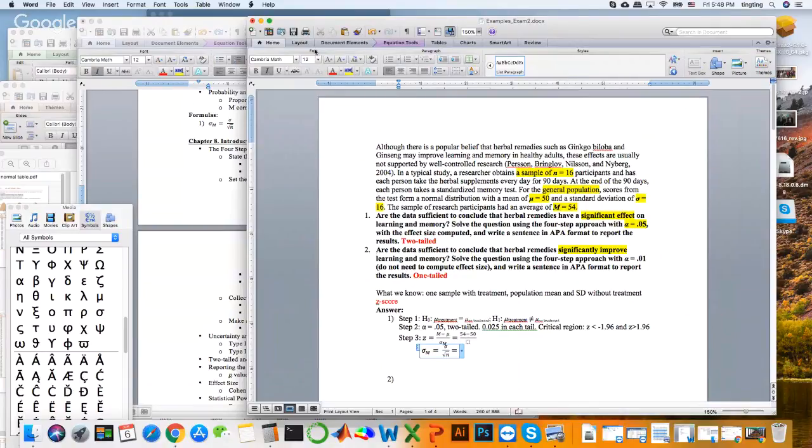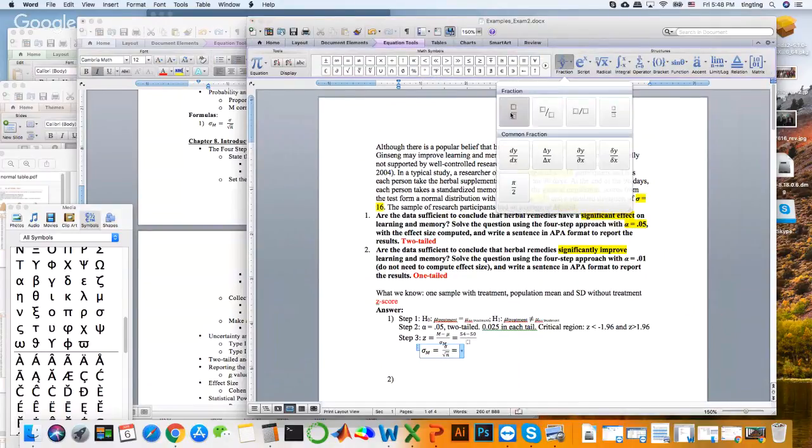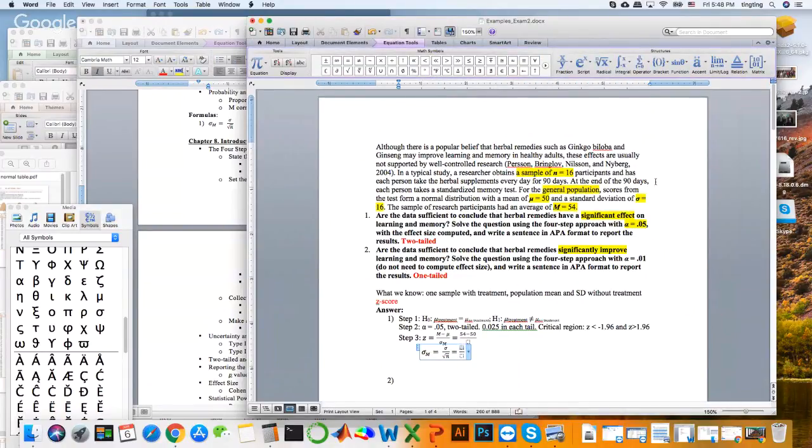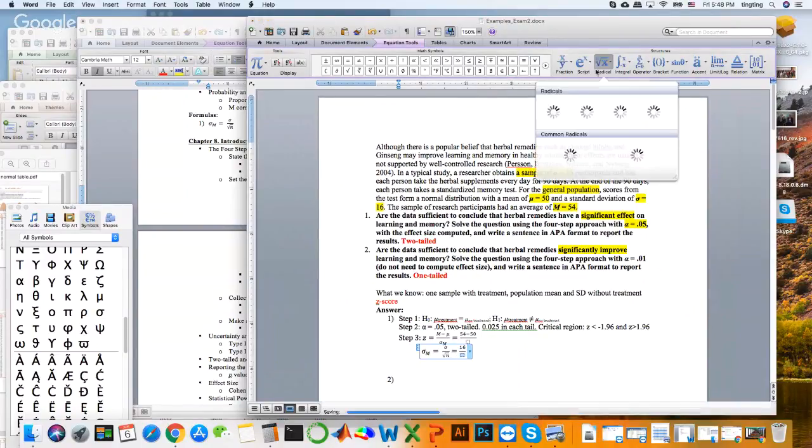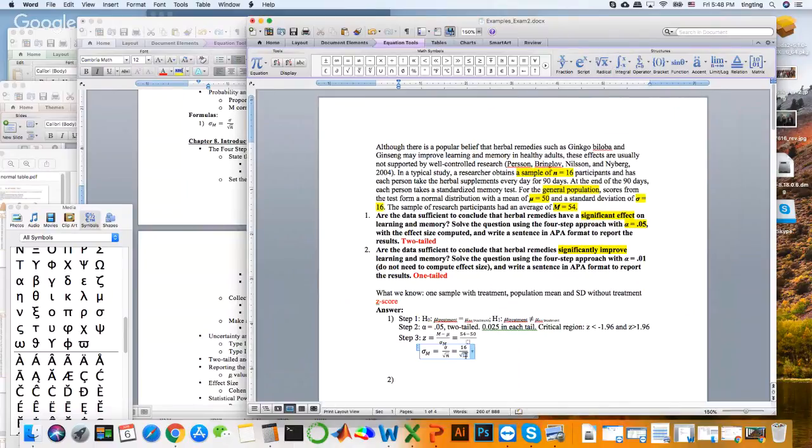We know the sigma, which is 16, and the square root of n, which is also 16. So we can solve this, and it equals 4. We know sigma M equals 4, and putting it back in the formula, we know that z equals positive 1.